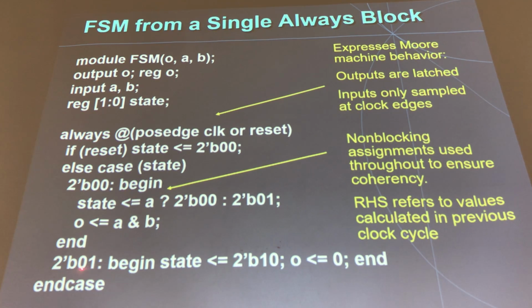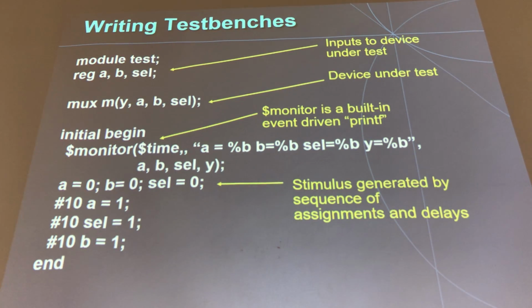If the state is 0, 1, then we do this. The next state is 1, 0. The output is 0. So this is just an example, combining the two together in one always block.